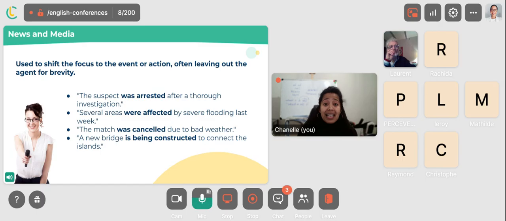For example, the suspect was arrested after a thorough investigation. Several areas were affected by severe flooding last week. The match was cancelled due to bad weather. A new bridge is being constructed to connect the islands.